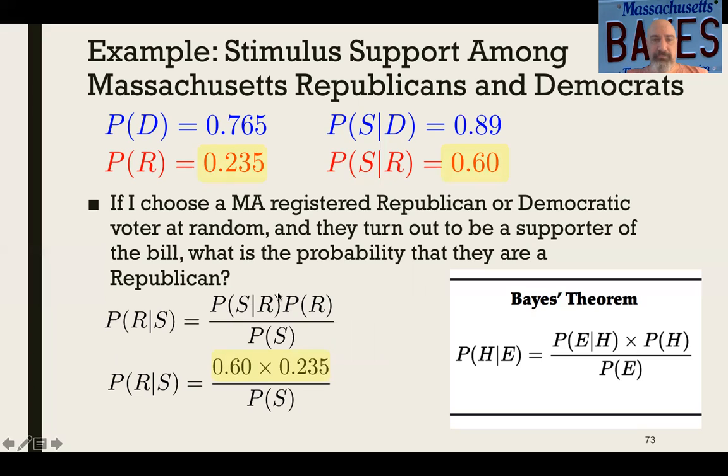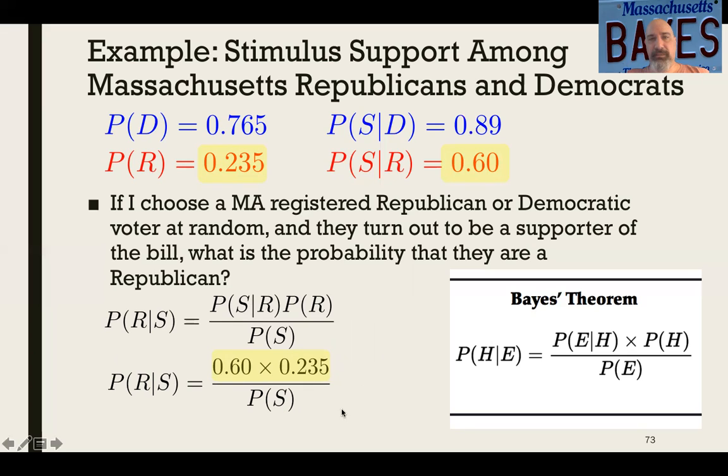In the numerator, we have the pieces already, 0.235 and 0.60. The probability of S given R is 60%. The probability of R, the probability that I pick a Republican, is 23.5%. So I have that in as a product.